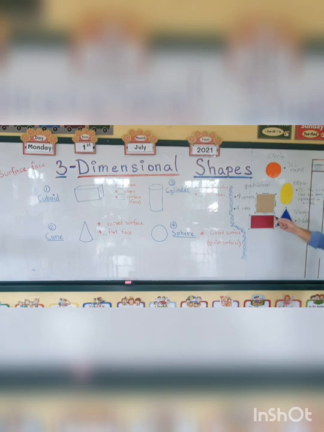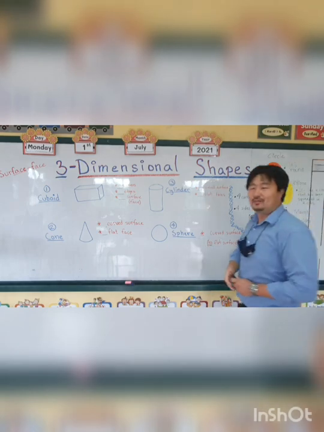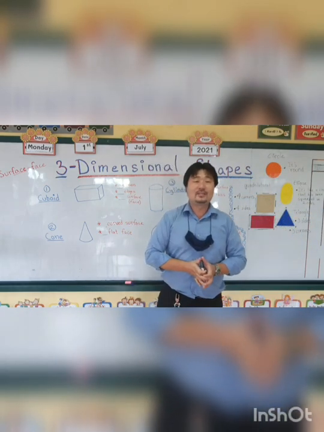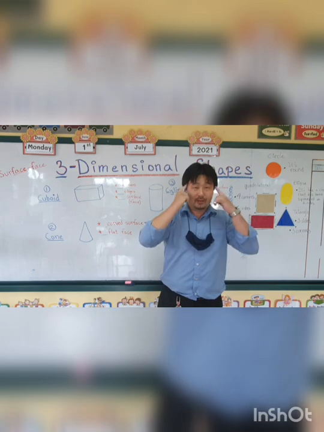Good. What about the rectangle? Does it have 4 sides? Yes, let's check. 1, 2, 3, and 4. Yes. The rectangle also has 4 sides. So, that is also a quadrilateral. Okay? Good job. So that was all about yesterday's lesson and you remember it.